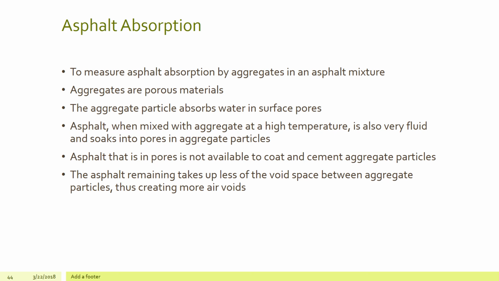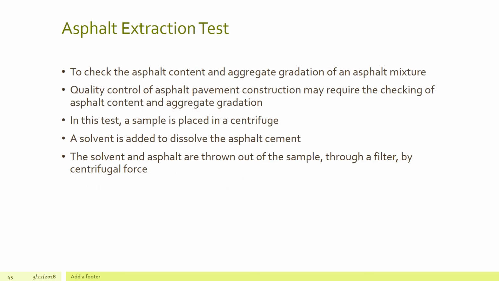Asphalt, when mixed with the aggregate at high temperatures, is also very fluid and soaks into pores in aggregate particles. Asphalt that is in pores is not available to coat and cement aggregate particles. The asphalt remaining takes up less of the void space between the aggregate particles, thus coating more of the air voids.